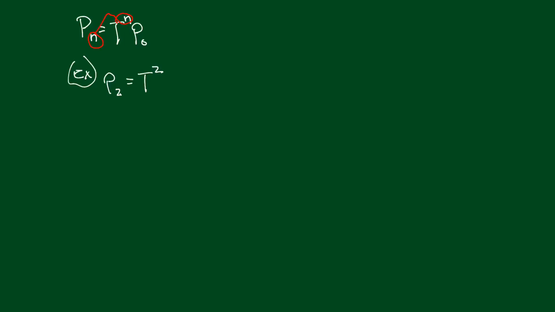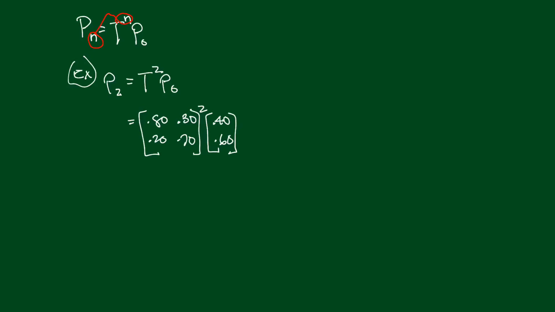The nth state matches the power. So I want 2 and 2, and then P naught. Here's our transition matrix, 80, 20, 30, 70. I'm going to square that, and then multiply it by P naught, which is the original. This is the mothers, 40 and 60.